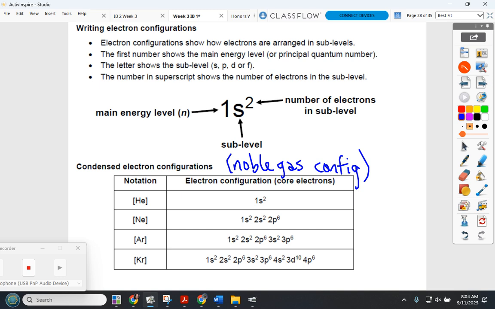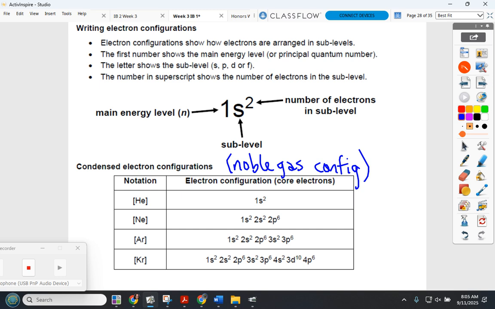And what it's basically doing is saying, all right, wherever you are on the table, your previous energy level has been filled, or the previous row on the periodic table is full, because you've moved on to the next row, the next period.